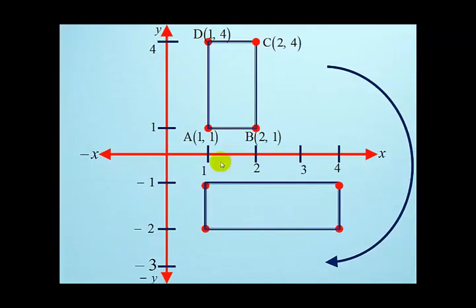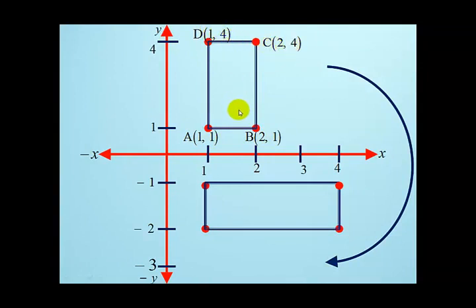Now considering this graph, this is a rectangle. The coordinate of A is (1, 1), the coordinate of B is (2, 1), the coordinate of C is (2, 4), and the coordinate of D is (1, 4).